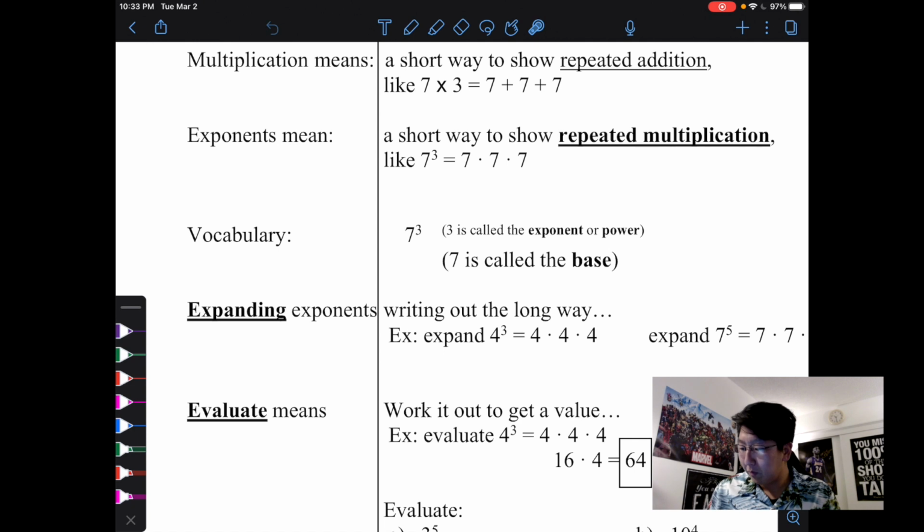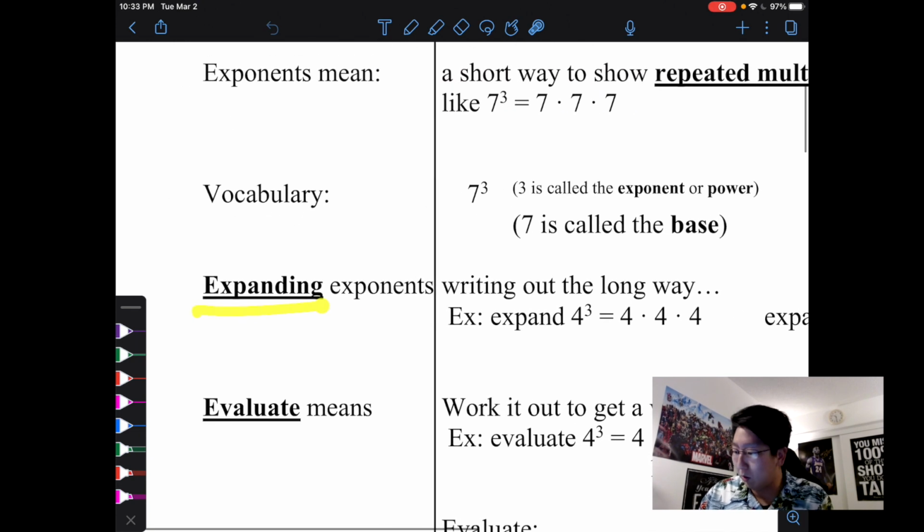What we're going to practice today is literally taking an exponent and expanding it, and then you can use a calculator. Expanding exponents: we talked about 7 to the third power, which means 7 times 7 times 7. That's basically what we're going to do.